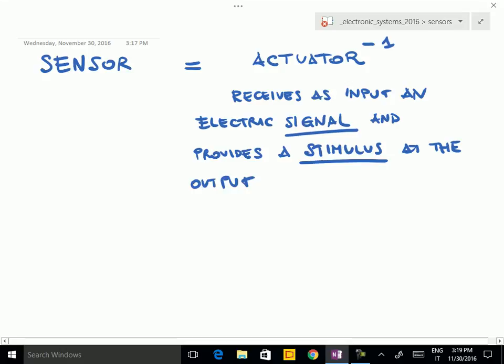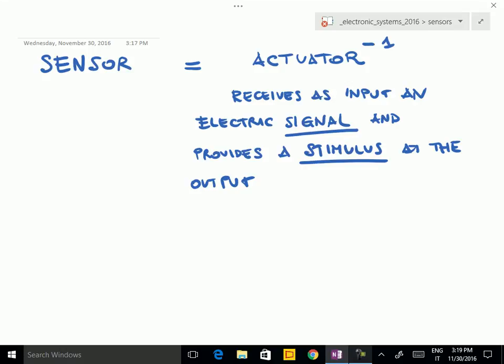So essentially the opposite, the inverse of the sensor. Typically the stimulus is embodied in a different form of energy.